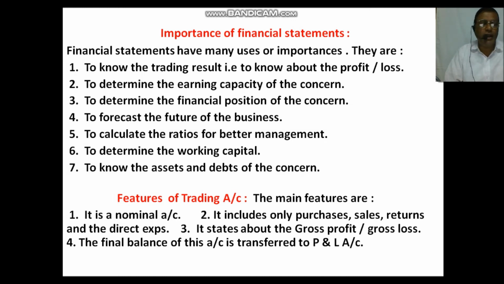Now coming to the next discussion, features of trading account. What are the main features or characteristics of trading account? The main characteristics of trading account are: number 1, it is a nominal account.